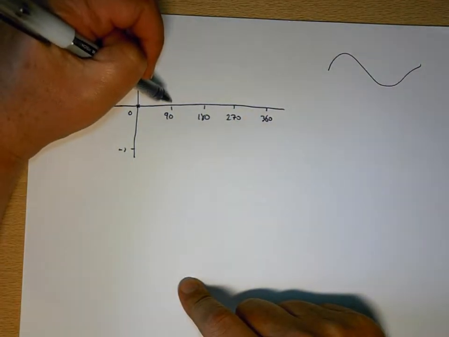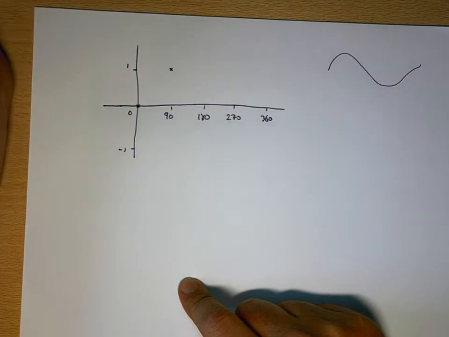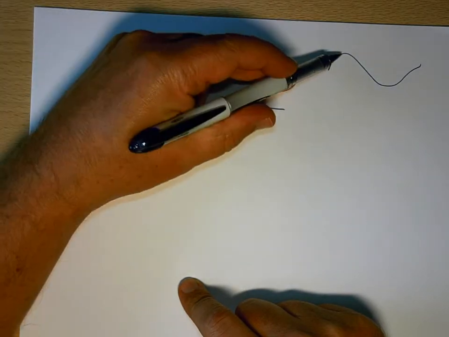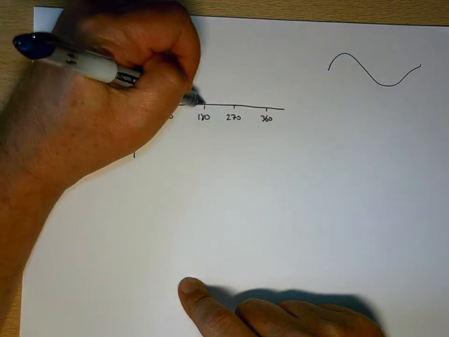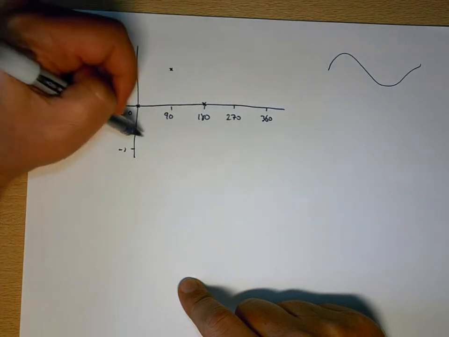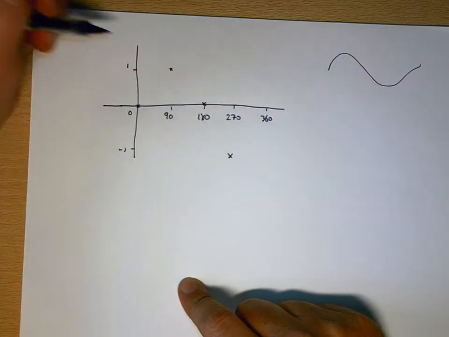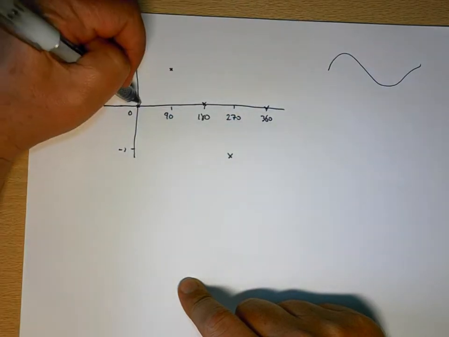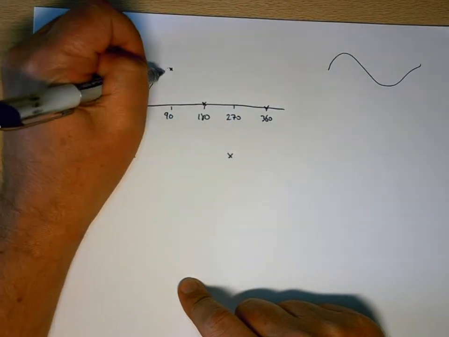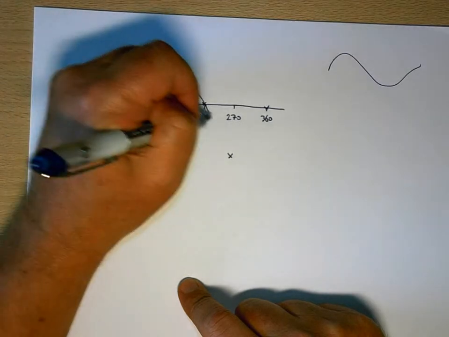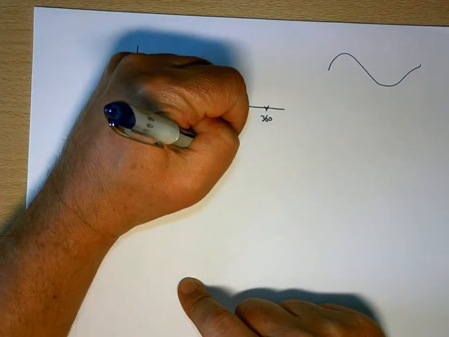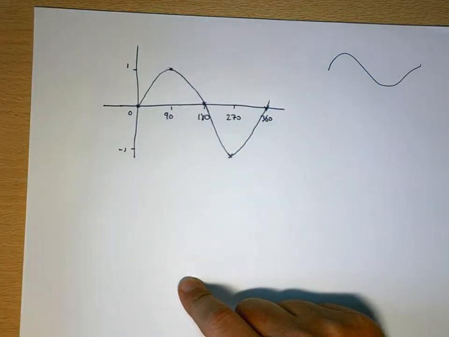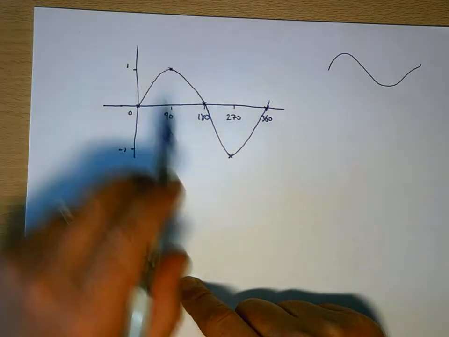So it goes from 0, and on the first 90-degree interval it reaches 1 before coming back down to 0, and then -1, and then back to 360. So the graph that you will be drawing will look like that.